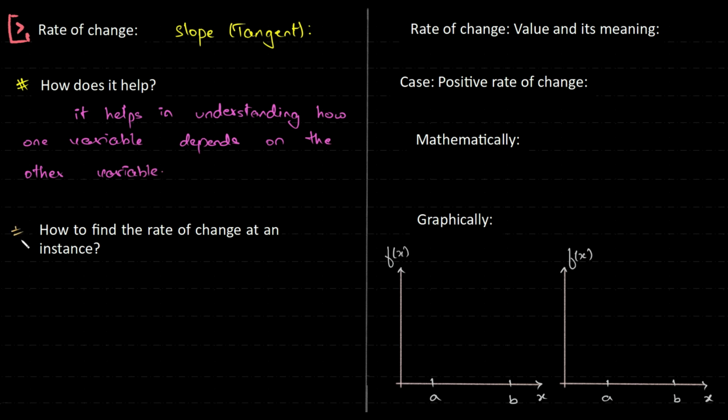Now, how to find the rate of change, that is, the tangent at an instance? The very first thing is, you will see this in our few examples on a very basic level, we'll need to figure out the function, the equation of the function. And the next thing that we'll need to do is differentiate it.